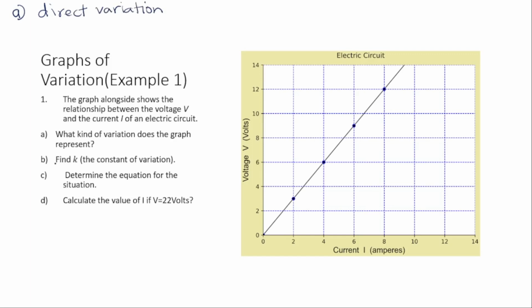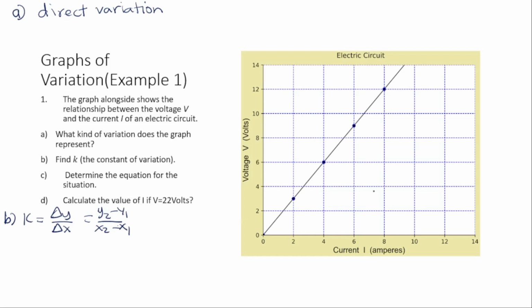Part B, find k. We know that k is the gradient, so change in y over change in x. So what we're saying is y subscript 2 minus y subscript 1 over x subscript 2 minus x subscript 1. We need to pick 2 points on this graph such that we assign them these values.